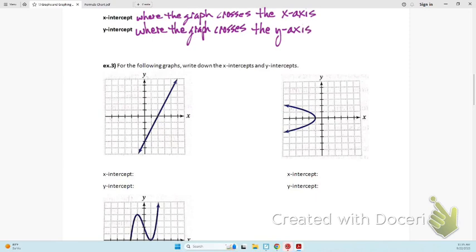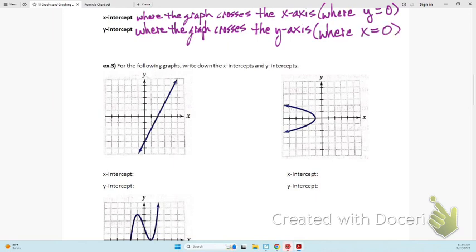So another way to think about it for x-intercept is that's where y equals 0. The y-intercept is where x equals 0.